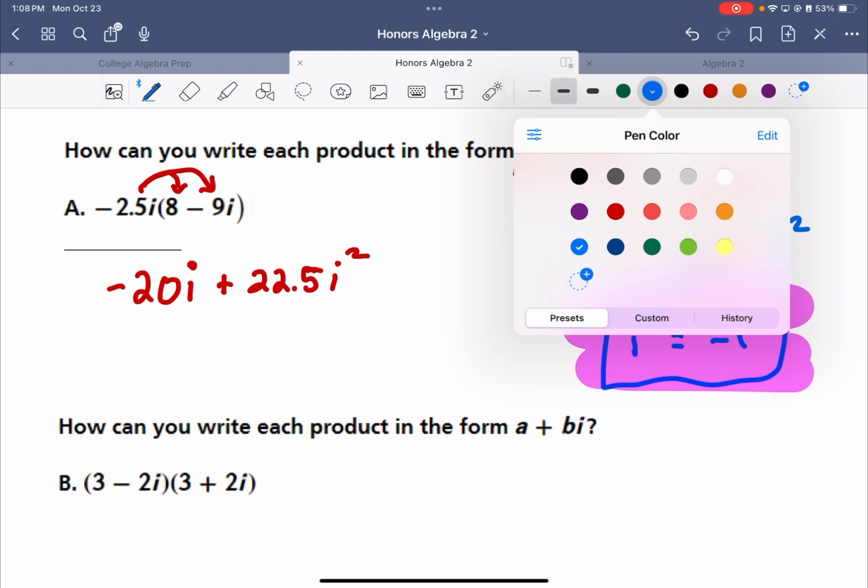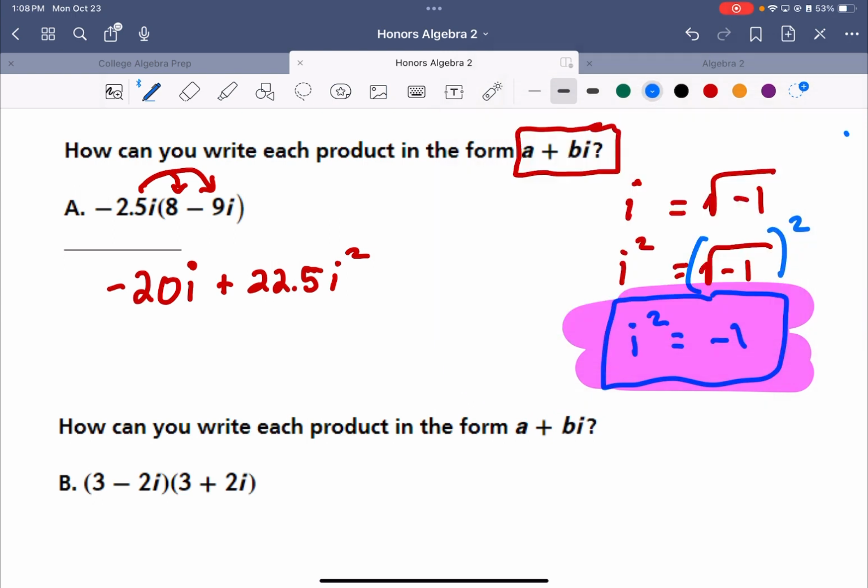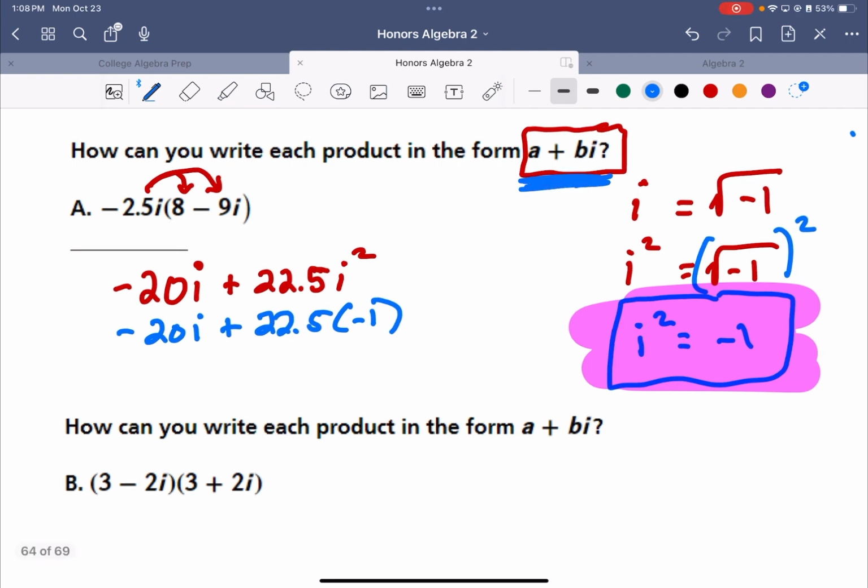So now knowing the fact that i squared is equal to negative 1, this becomes negative 20i plus 22.5 times negative 1, which is negative 22.5, right? Also keep in mind that we have to have the real number followed by the imaginary number. So I'm going to rewrite this: negative 22.5 minus 20i.